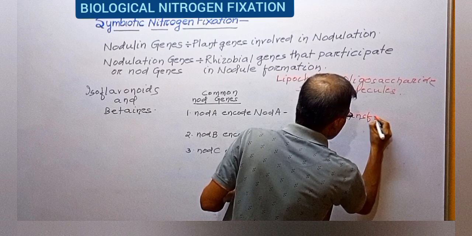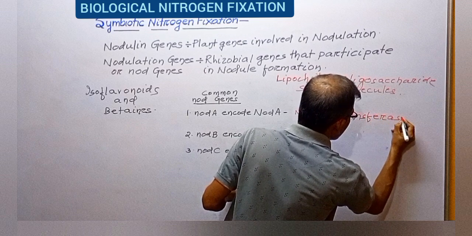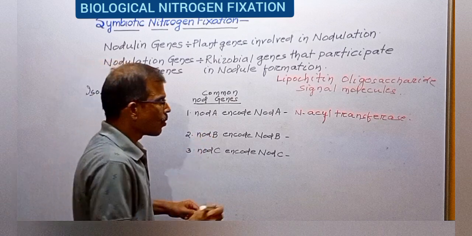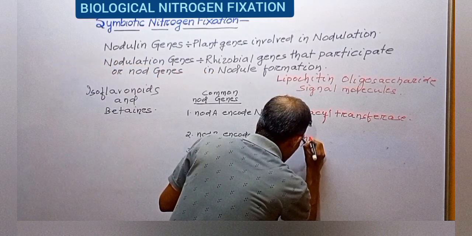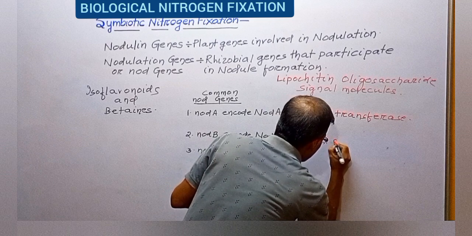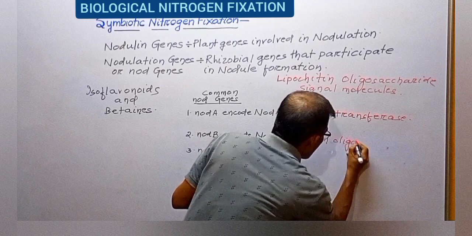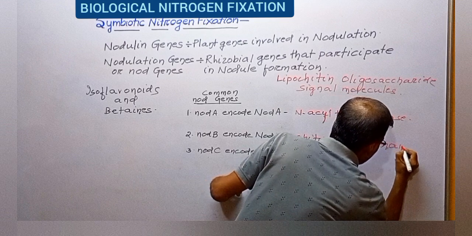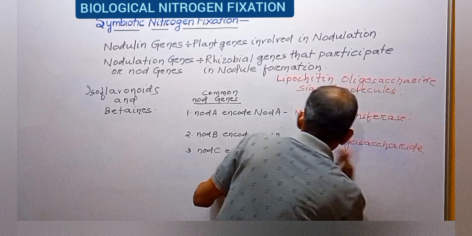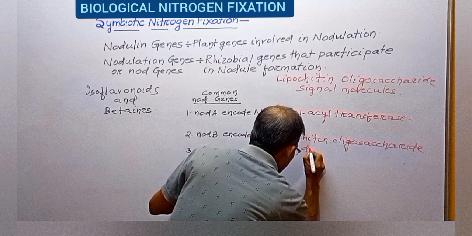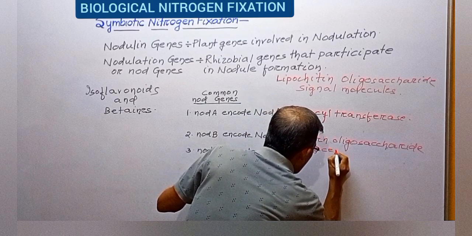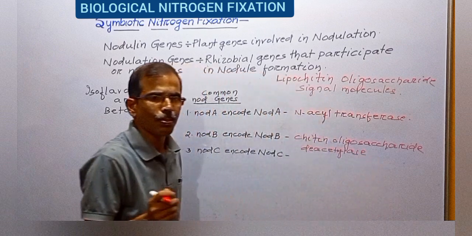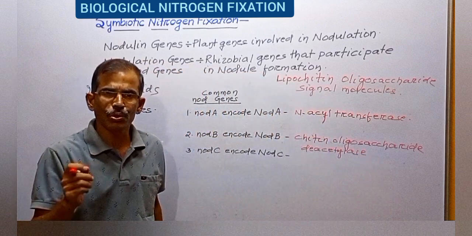Which catalyzes the addition of a fatty acyl chain. Second nod gene, that is nodB, encodes a chitin oligosaccharide deacetylase that removes the acetyl group from the terminal non-reducing sugar.